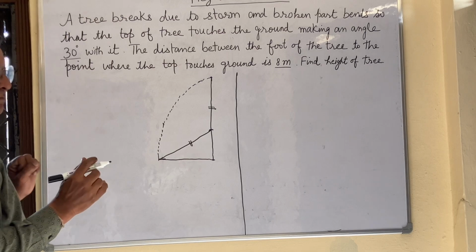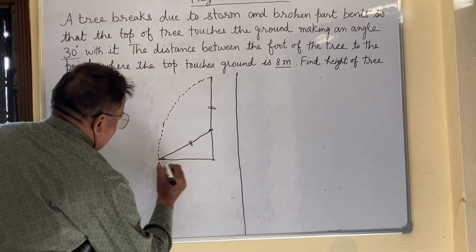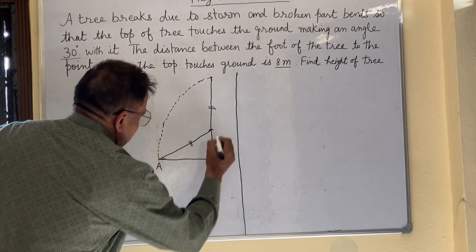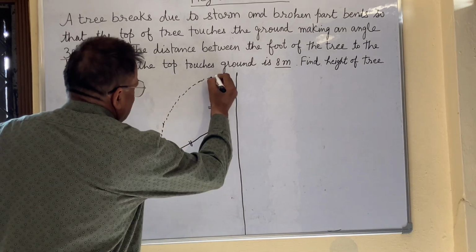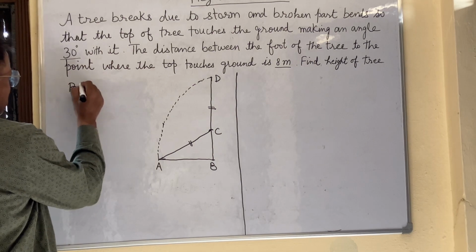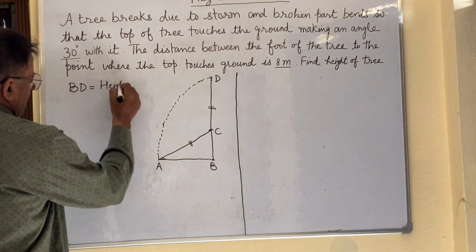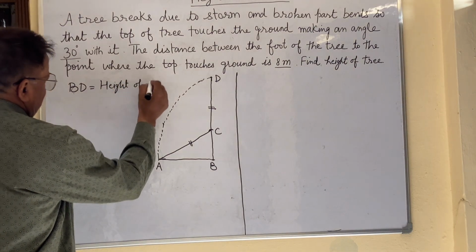These are equal. Let us name it A, B, C, D. BD equal to height of the tree.